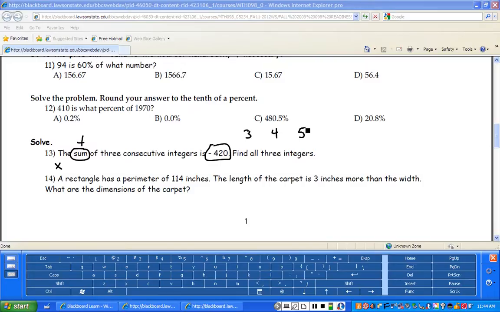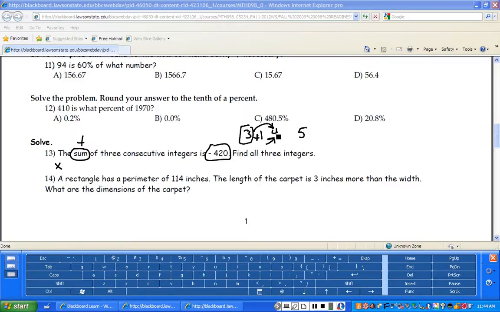Alright, so now if 3 is my first number, how do I get from 3 to 4? How do I get from 3 to the next number in line? Well, all I have to do is say my 3, my first number, plus 1 will give me that next number in line. So 3 plus 1 gives me that 4.